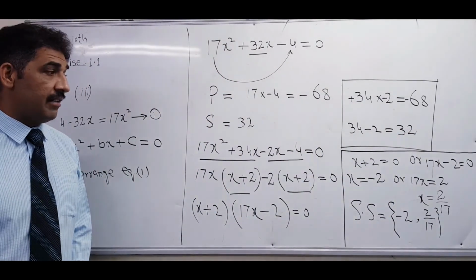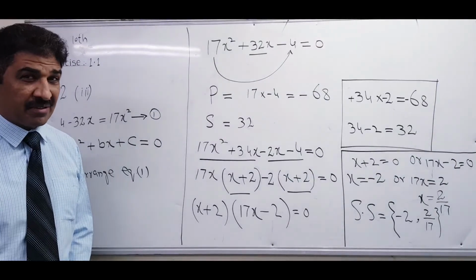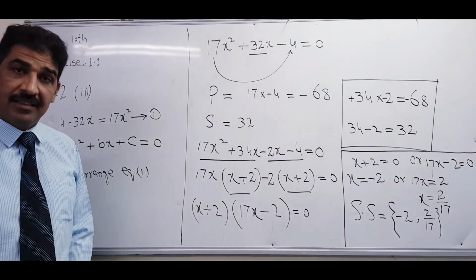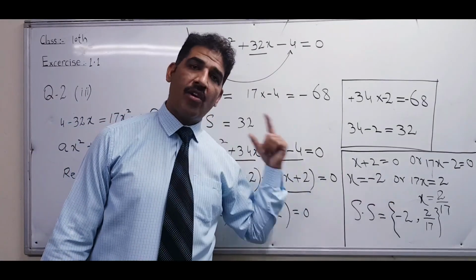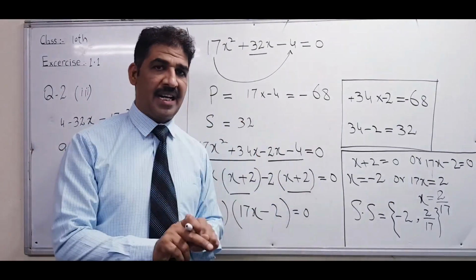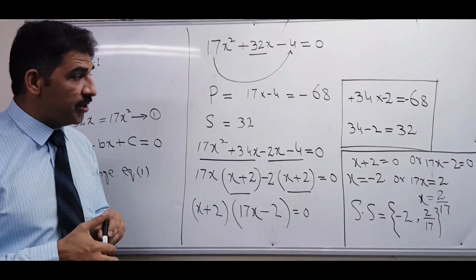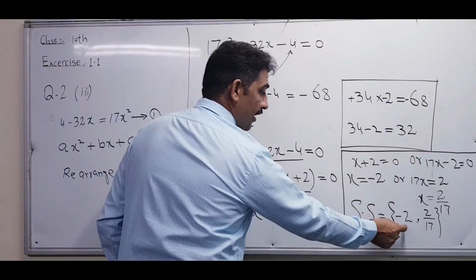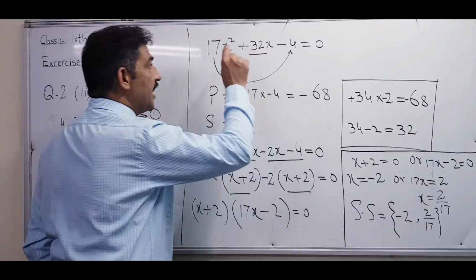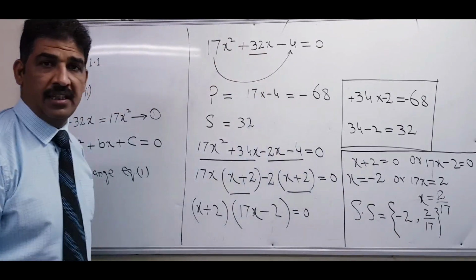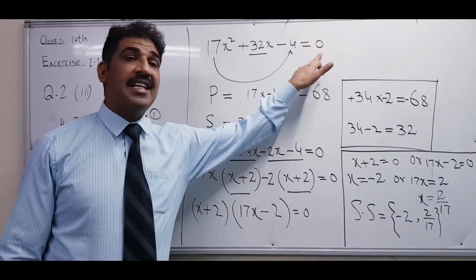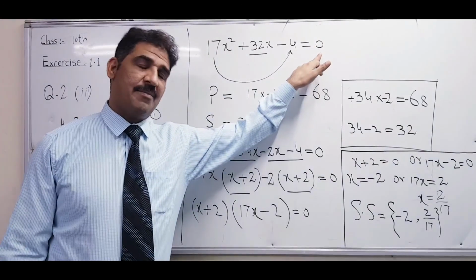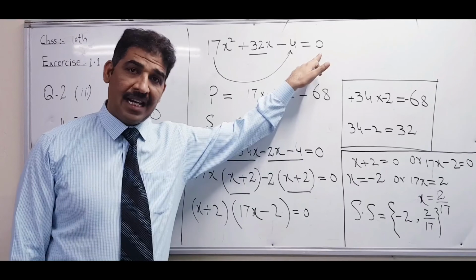Now after that, you want to check whether your solution is correct or wrong, and you will use curly brackets because there are only two elements. Don't use the small brackets. So we will put this value, minus 2 or 2 over 17, in the place of x and solve that. If you get the answer 0, it means that you are absolutely right.